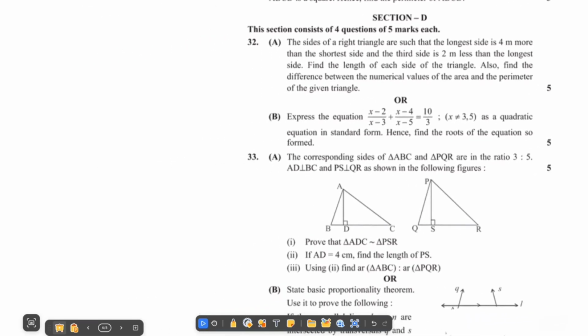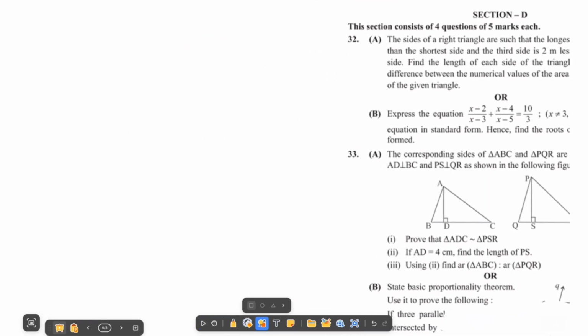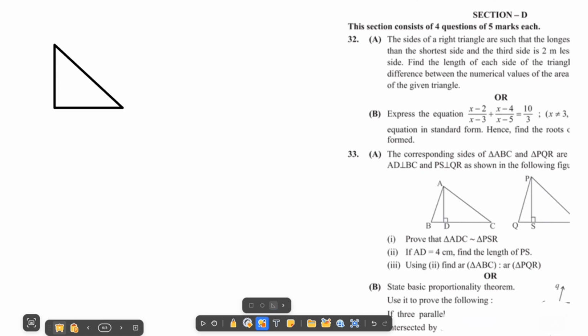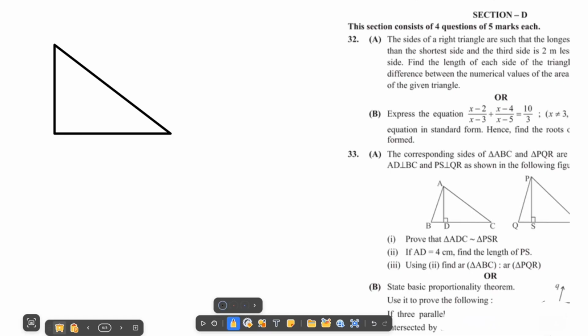Let's take a right angle triangle ABC, with right angle at B. So here let us think that AB is the shortest side.